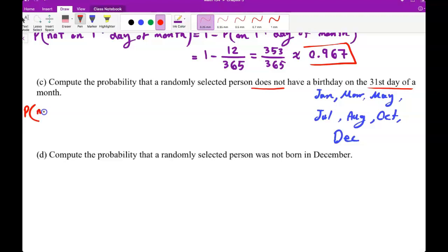Probability of not on the 31st day of the month is equal to 1 minus probability of on the 31st day.